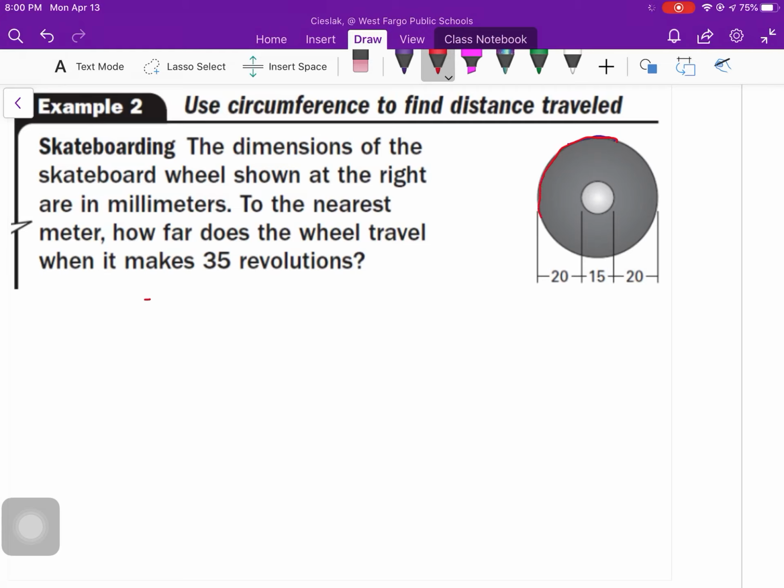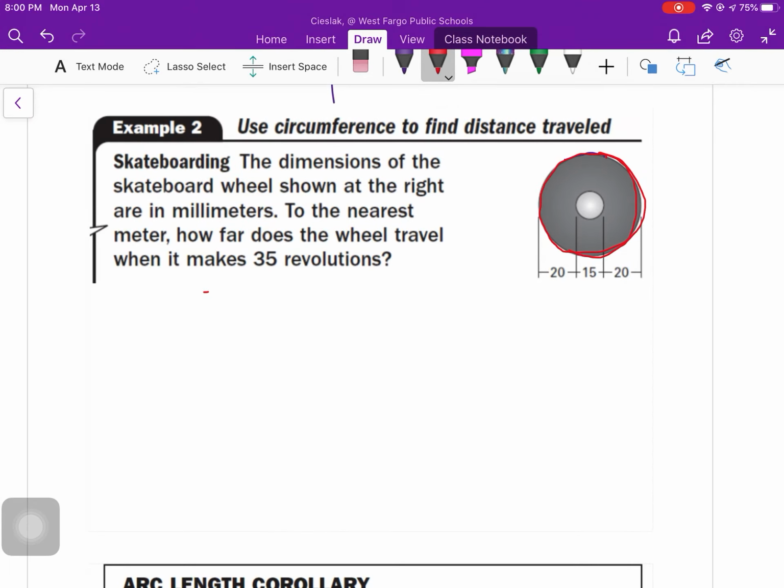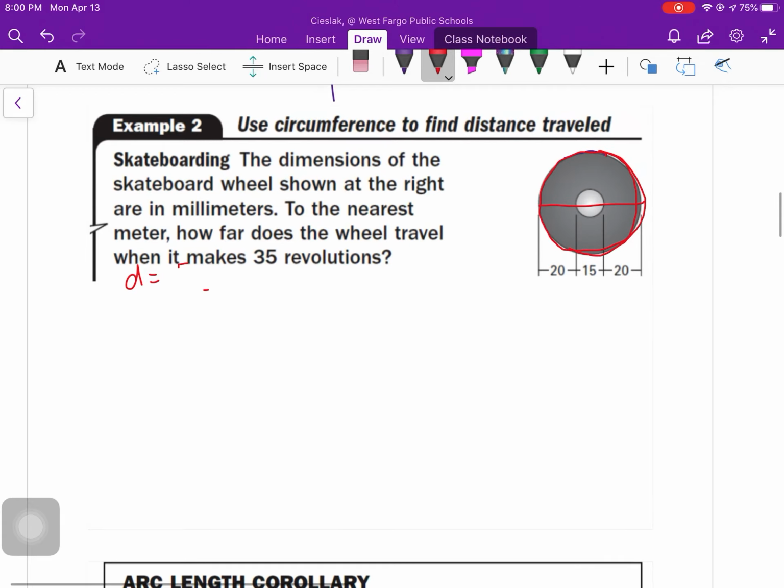So one full rotation of this would be that distance right there, which is just my circumference. So I'm going to start by finding that circumference. Now, my diameter on this one, I know that it's 20 plus 20 plus 15, which is equal to 55. This is in millimeters. Okay?